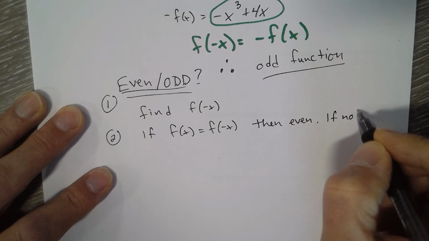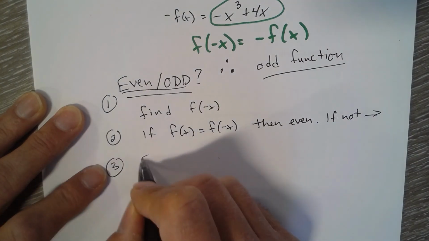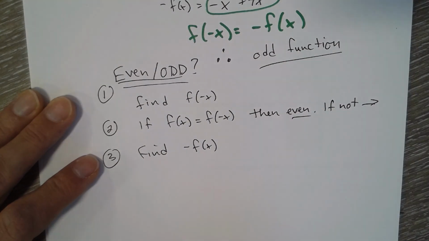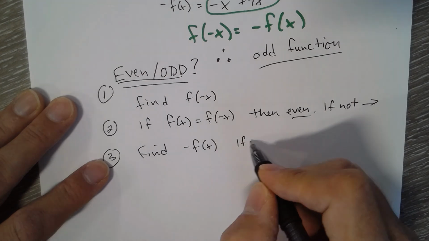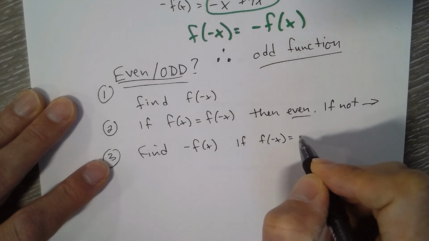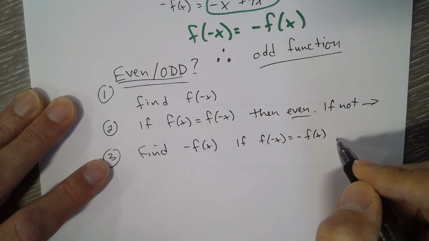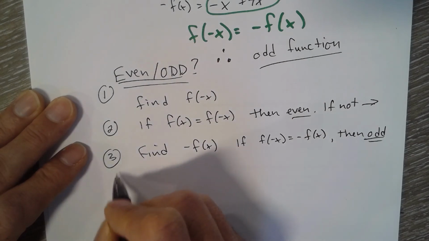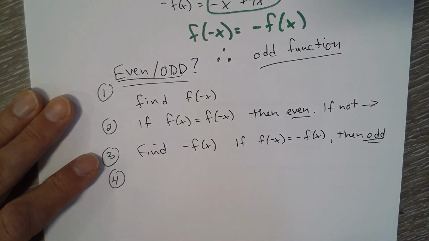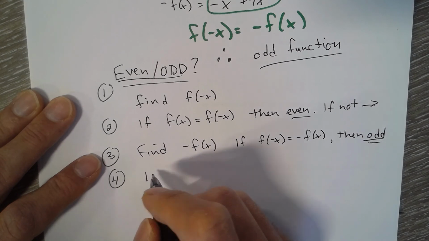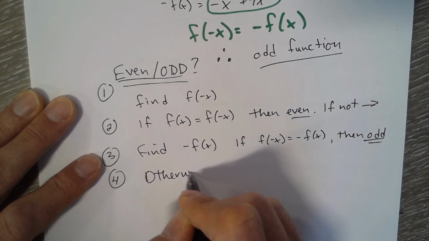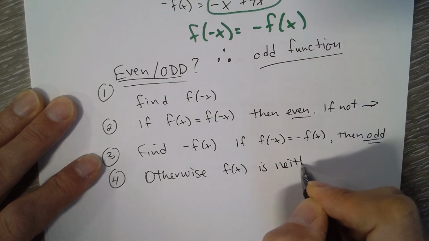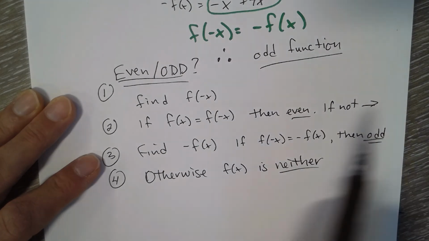If not, find negative f of x. If f of negative x equals negative f of x, then it's odd. Otherwise, f of x is neither. So it's not even or odd.